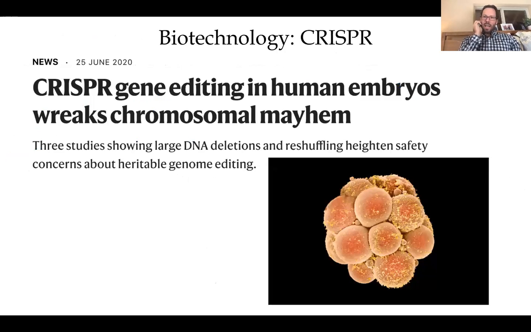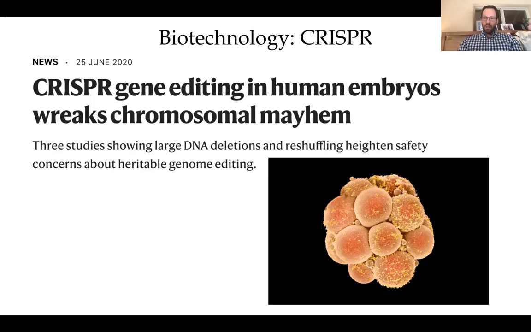With that said, in June, this paper came out saying that CRISPR editing in human embryos wreaks chromosomal mayhem, which is a nice, colorful title. But there were 3 different studies showing large DNA excisions from these embryos.